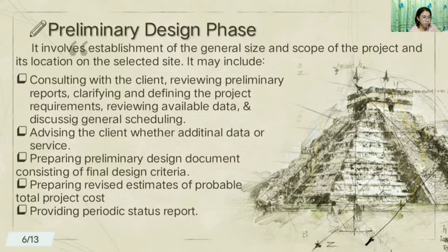So it may include consulting with the client, reviewing preliminary reports and clarifying and defining the project requirements, reviewing available data and discussing general scheduling, advising the client whether additional data or services are needed, preparing preliminary design documents consisting of final design criteria and others. Preparing a revised estimate of probable total cost. Then providing periodic status reports.